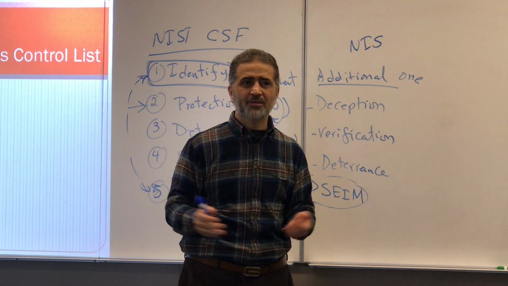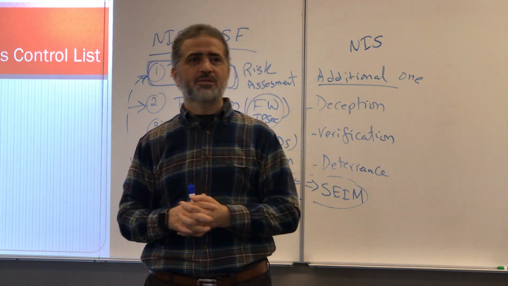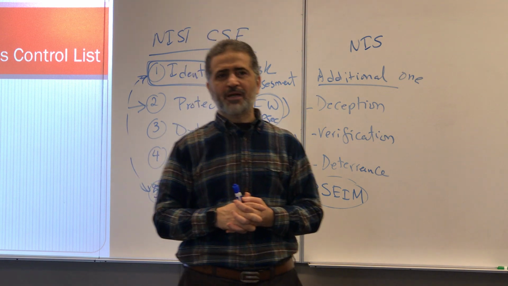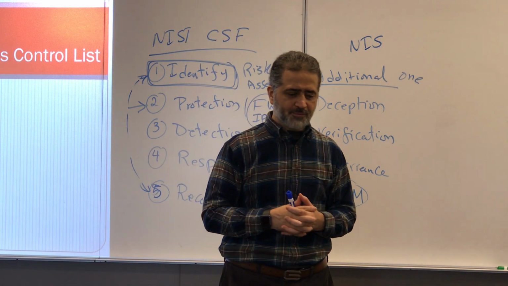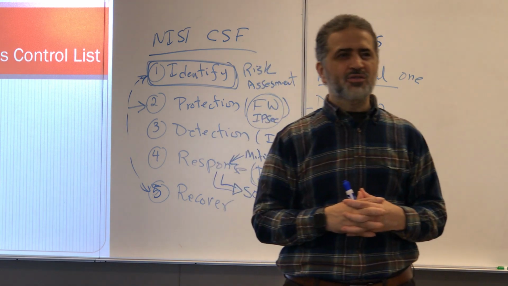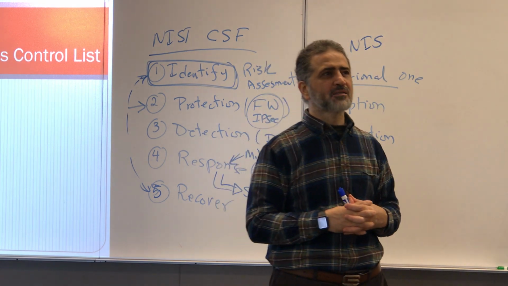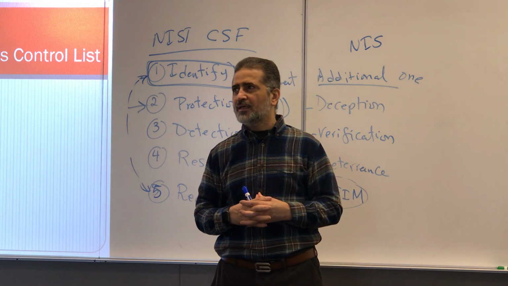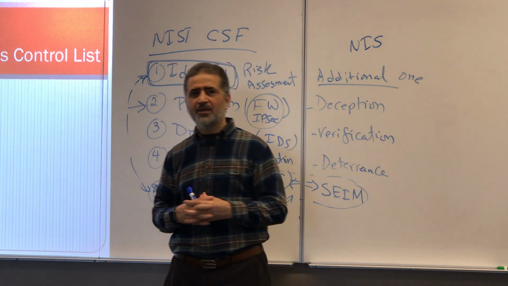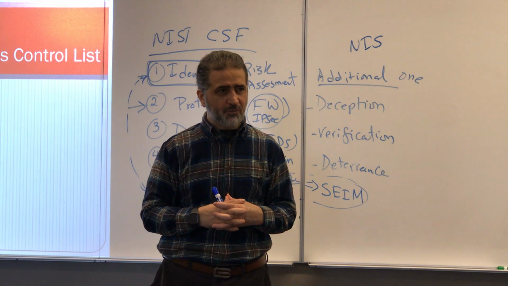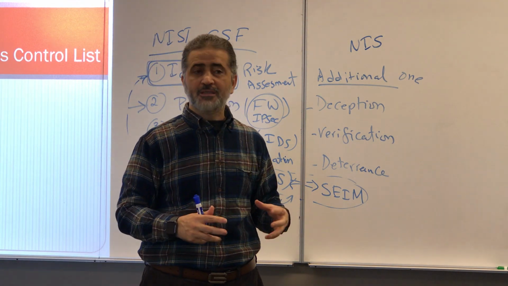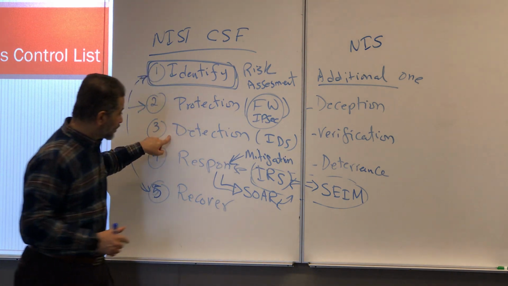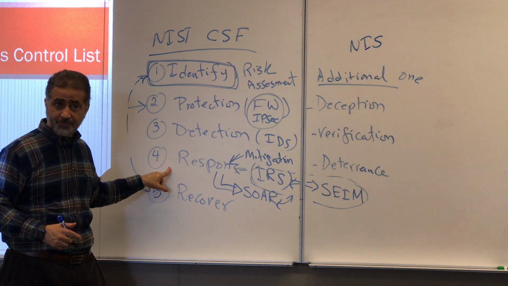If your social security number has been leaked and is being used for identity theft, you don't have much of a recovery there. This is why for those items or assets that have less potential of recoverability, we need to put more emphasis on prevention, detection, and response.